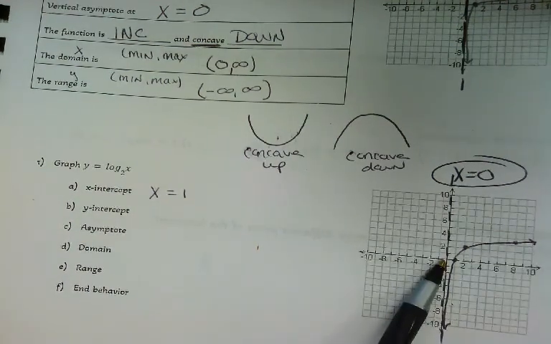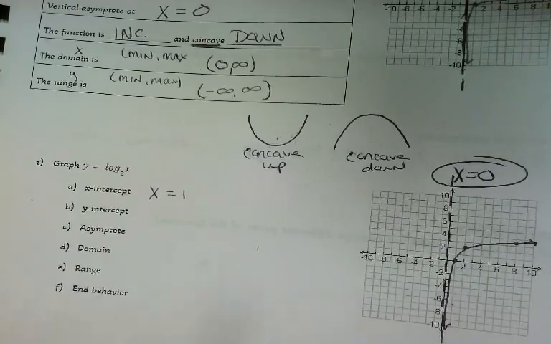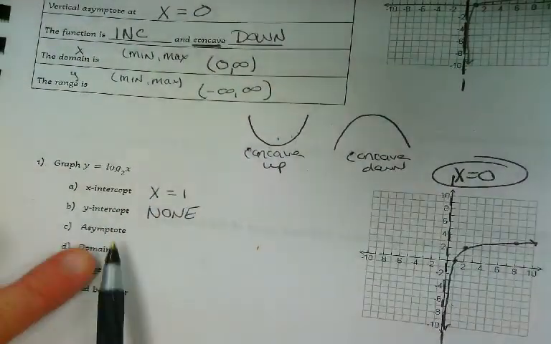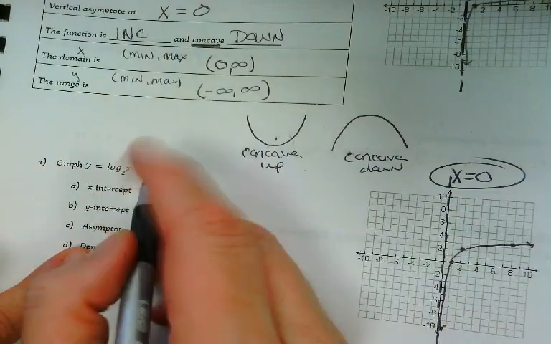So it hits here. It is never. There is no y-intercept. It does not touch the x-axis, or the y-axis. The asymptote is vertical, and it's right at 0, so that is at x equals 0.